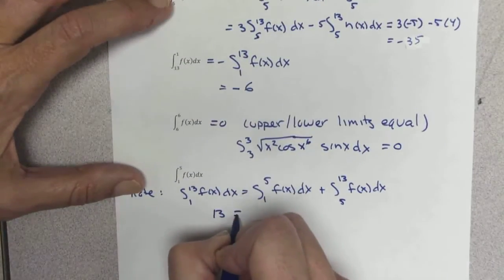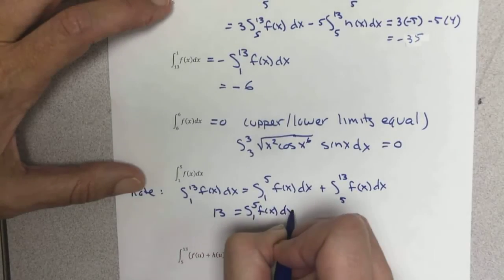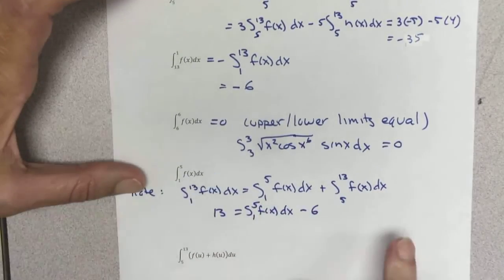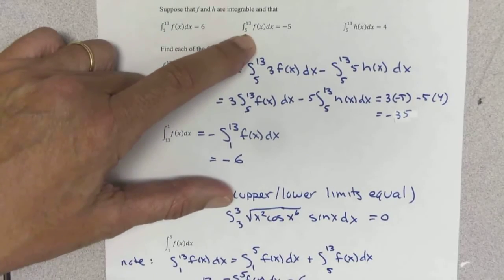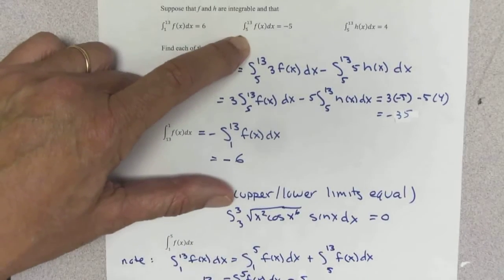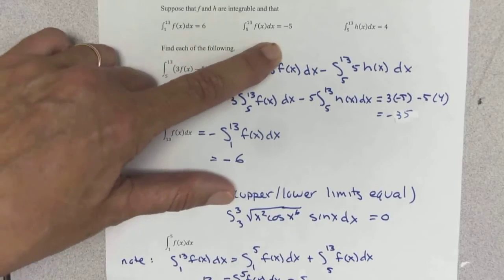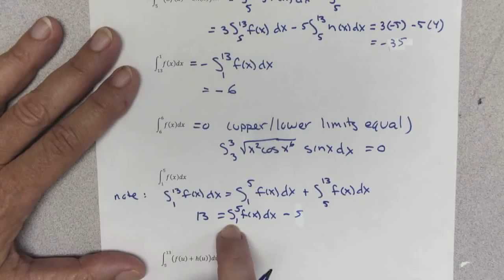So I'm going to have 6 equals the integral from 1 to 5 of f of x dx minus 5. Again, the integral from 5 to 13 was minus 5. And now just solve for this.